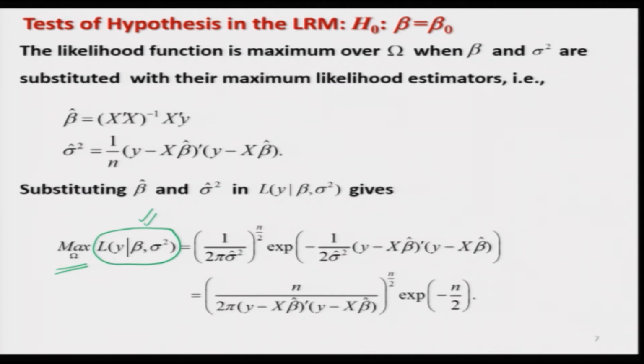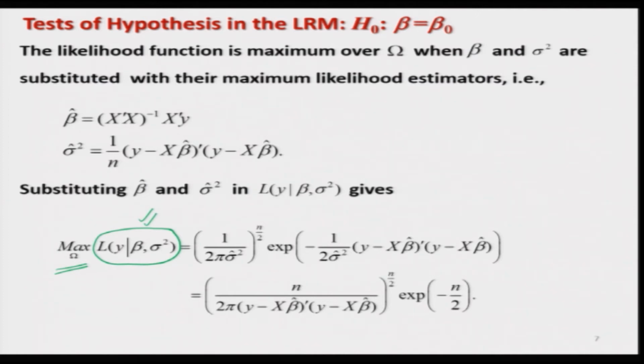In simple words, you have a likelihood function of beta and sigma square, and if you replace beta and sigma square by their maximum likelihood estimators, then the value of the likelihood function automatically becomes maximum, right. So, instead of doing this algebra, we simply use the maximum likelihood estimators directly, and that was the reason I had given you all the results directly earlier.